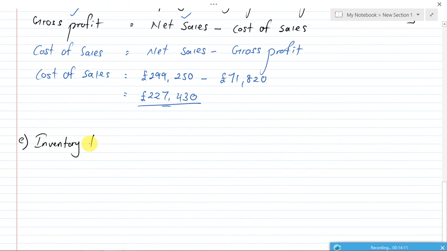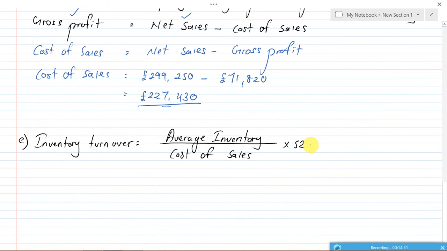This is going to be our second formula, which is average inventory divide with cost of sales times with 52 weeks, because they're asking in weeks.